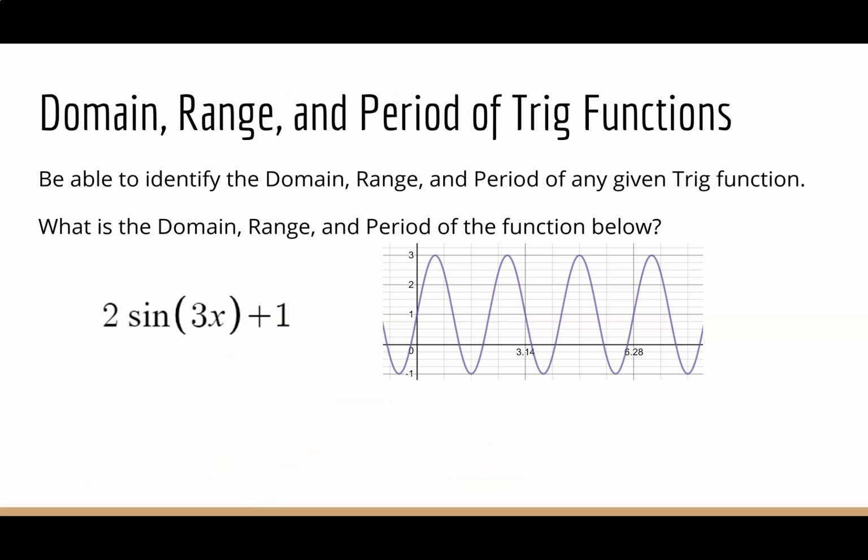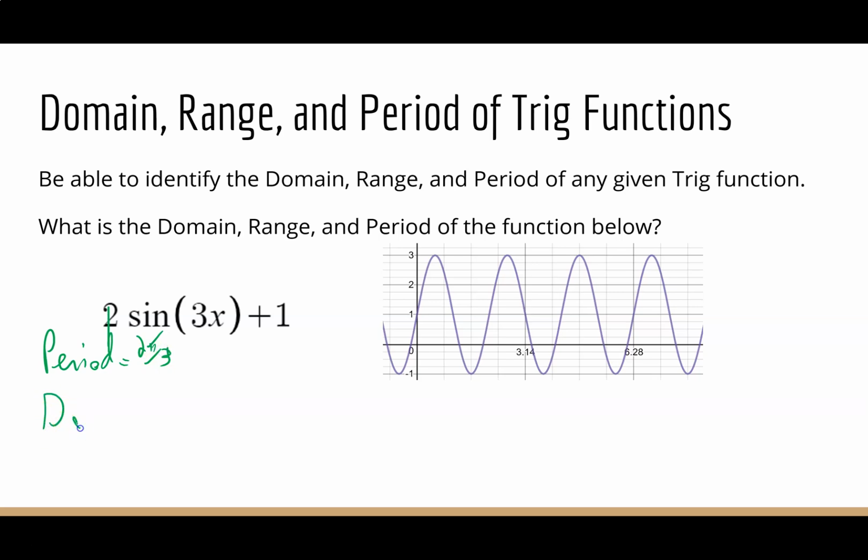We need to talk about domain, range, and period of trig functions. Depending on the trig function, it changes things up slightly, but it's not terribly complex. If you're dealing with a sine or a cosine, it's relatively the same thing. So period, in this case, is going to be 2 pi over 3.